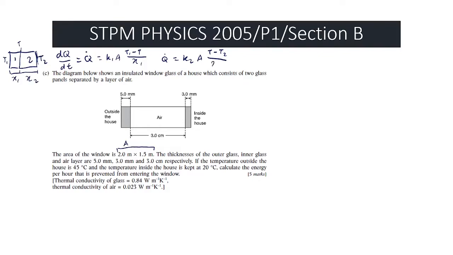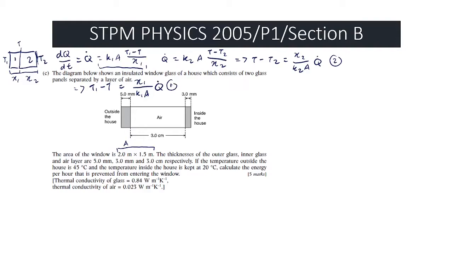So we can write T minus T2 is given by x2 over k2 A times Q dot, and let's say this is the second equation. From here we can write T1 minus T is given by x1 over k1 A times Q dot.